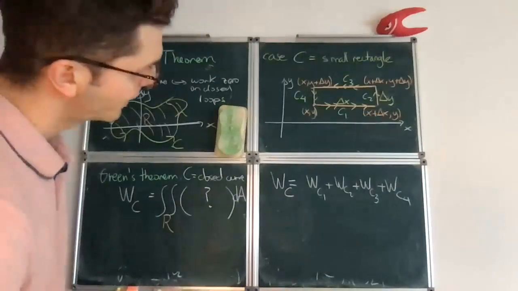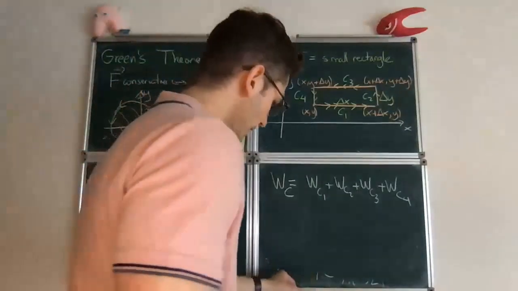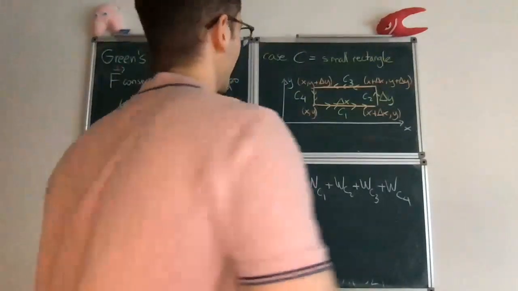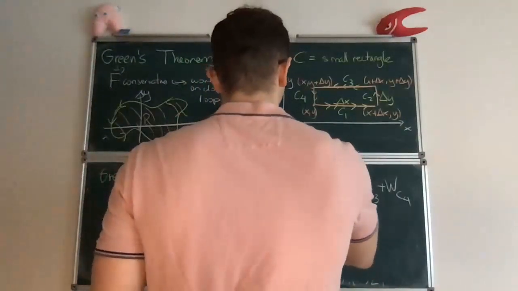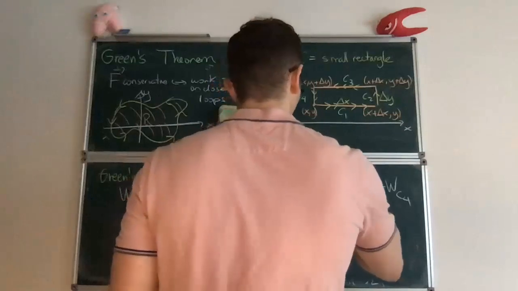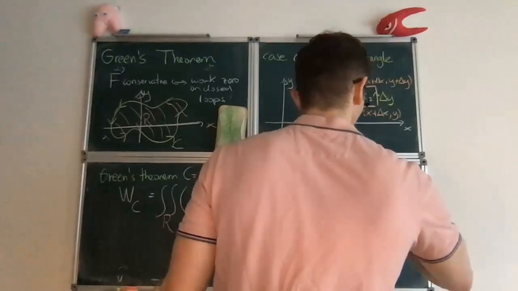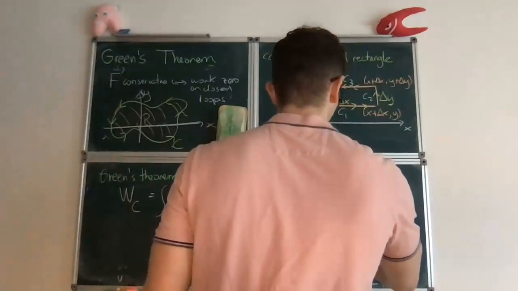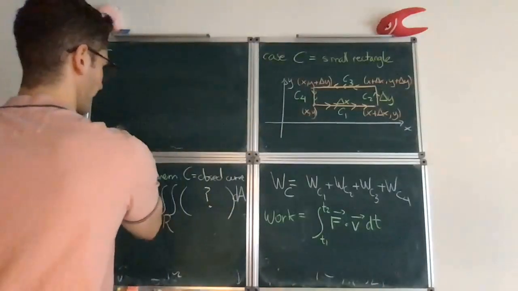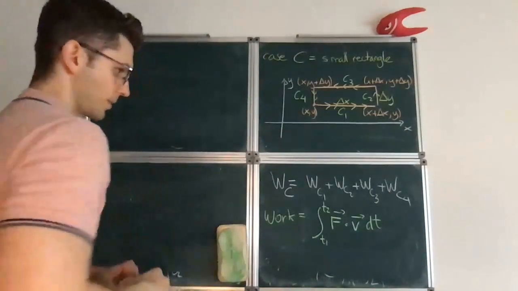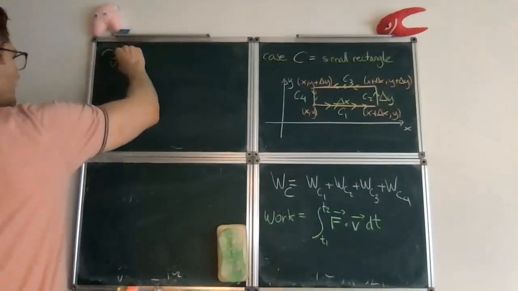Let's do it this way. What was the formula in general for work? Remember that the formula for the work is the integral of the velocity times the force dt from time 1 to time 2. Now, velocity is dr dt.